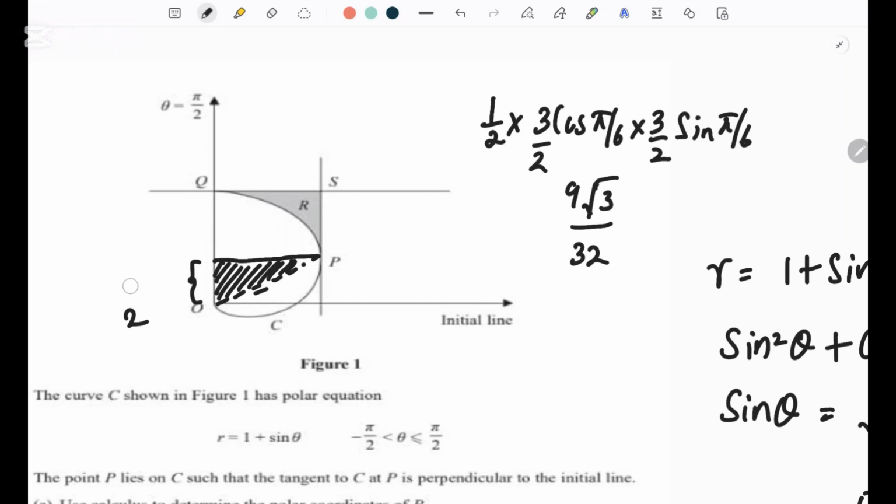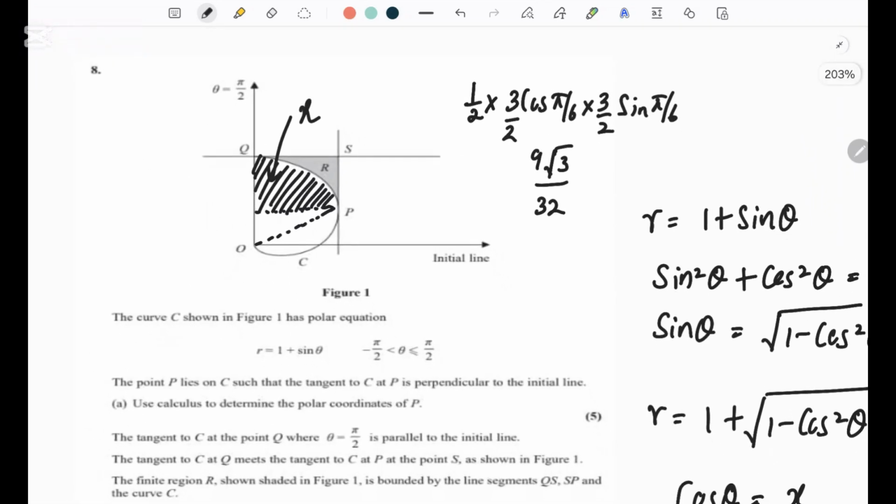So now we found the area of the triangle, and we found the area of this whole section. We need to subtract those two areas to find this area, which we'll call x. So how do you find x? You subtract.